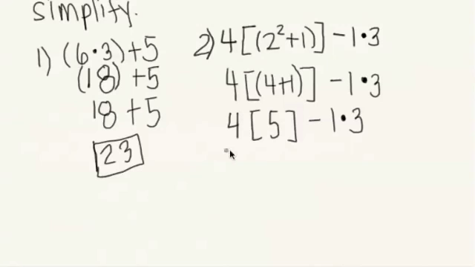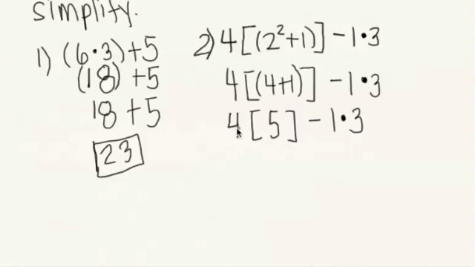Possibly two things right here. I didn't talk about this earlier, but sometimes if you don't have the dot or the little x to multiply, and you just have two things next to each other like this with no plus or minus in between, that also means to multiply. So I have two things to multiply: a 4 times 5, and a negative 1 times 3 here.